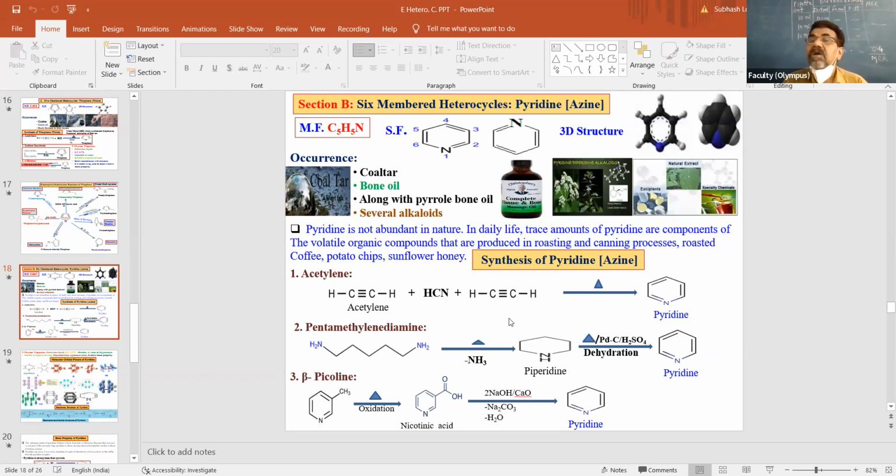Pyridine, whose IUPAC name is azine. Dear students, there will definitely be one question on the IUPAC name of heterocyclic compounds. So five-membered azole is pyrrole, oxole is furan, thiole is thiophene, whereas azine is pyridine.